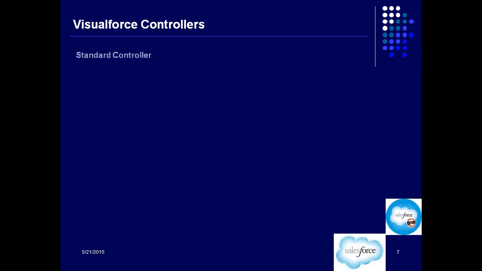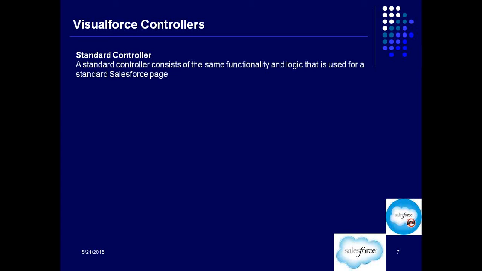The first controller type, the most simple one, is the standard controller. So what's a standard controller? A standard controller consists of the same functionality and logic that is used for a standard Salesforce page. It is a set of logic, or a collection of programs for your understanding, which is used by the standard Salesforce pages.